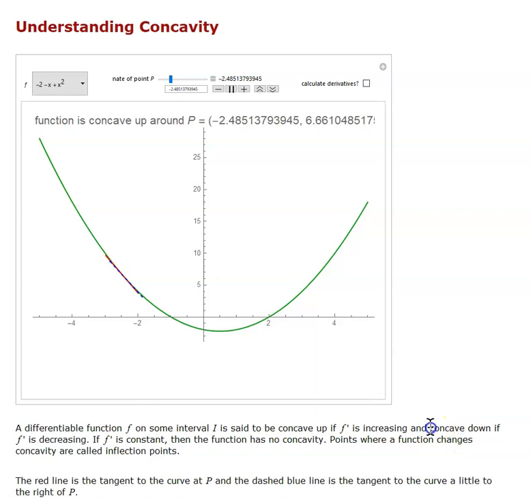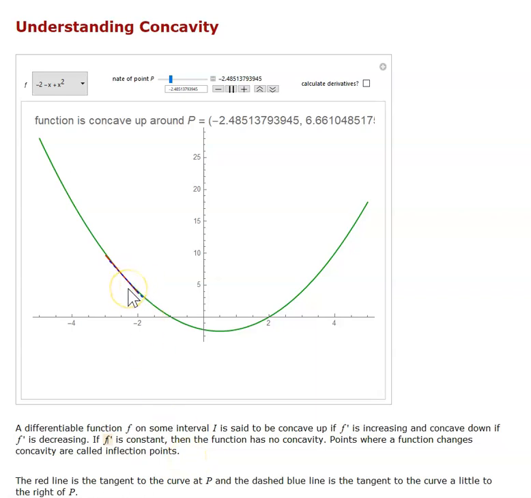And concave down if f prime is decreasing, so if the derivative of the function is decreasing, or the slope of the tangent lines is decreasing. If f prime is constant, then there is no concavity. Points where a function changes concavity are called inflection points.